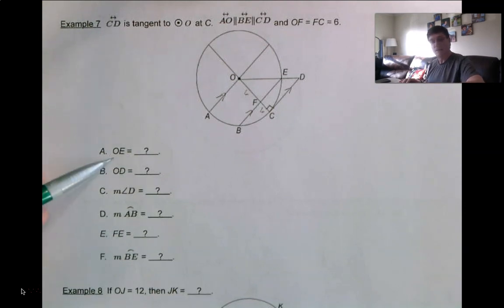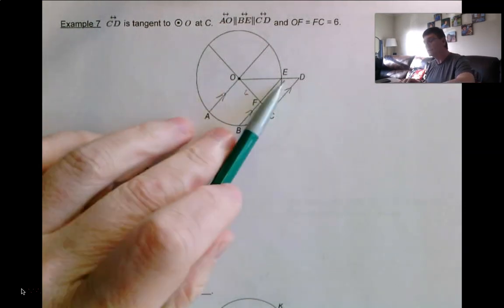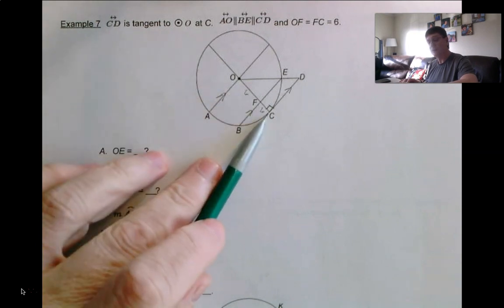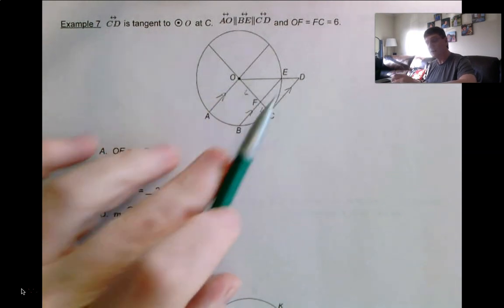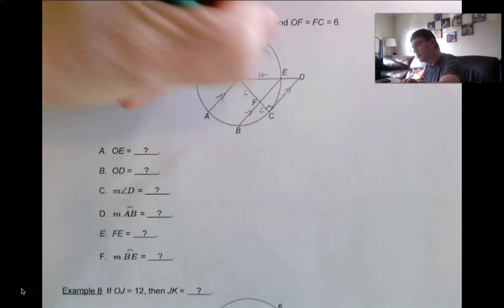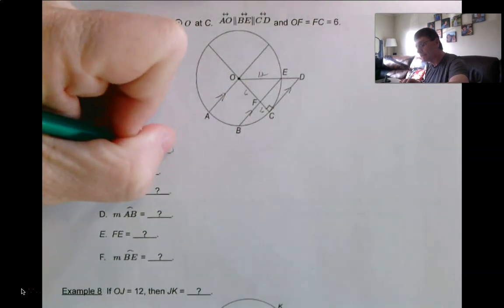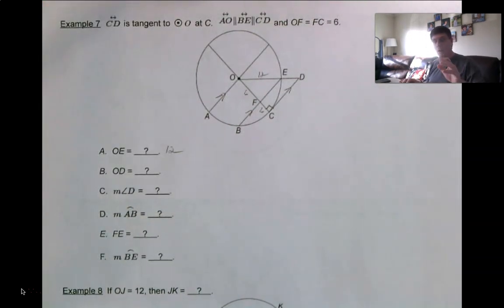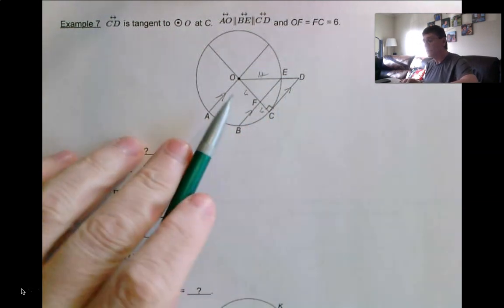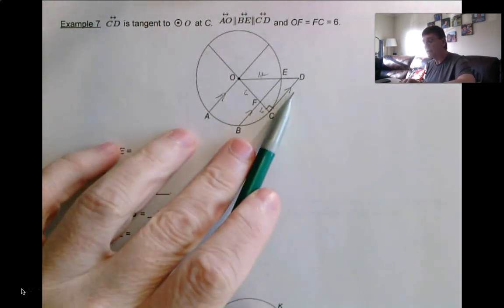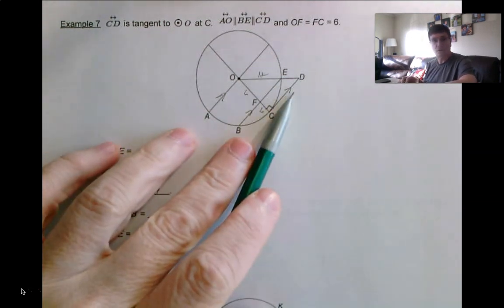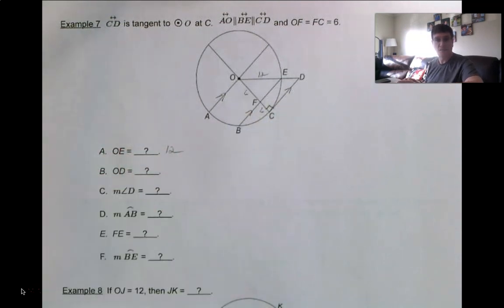How do we get the length of OE? Well, OE is a radius. OC is a radius. OC is 12. OE is 12. How do we get OD? Well, because these are parallel, all transversals are broken proportionally through 3 or more parallel lines.